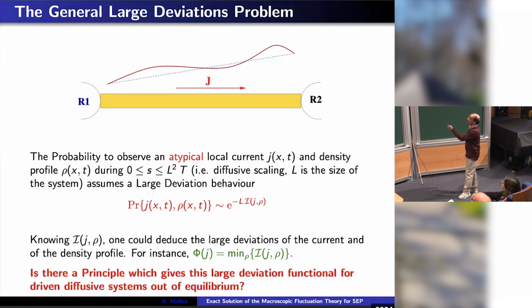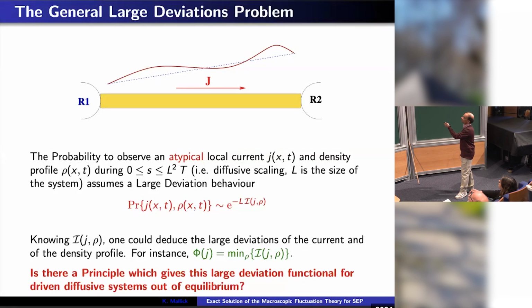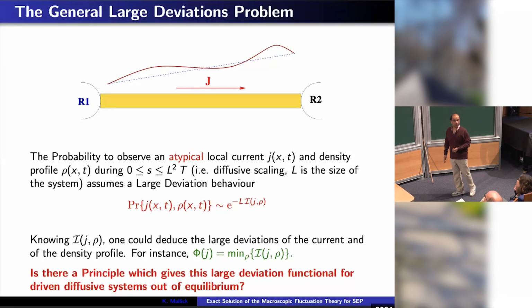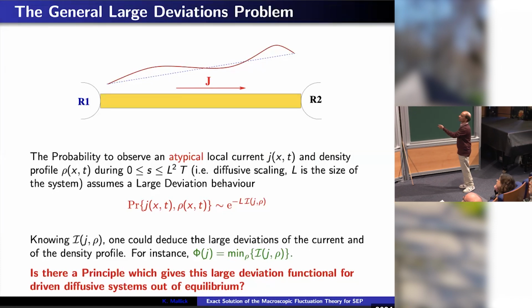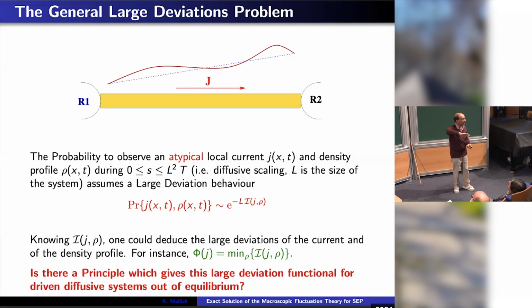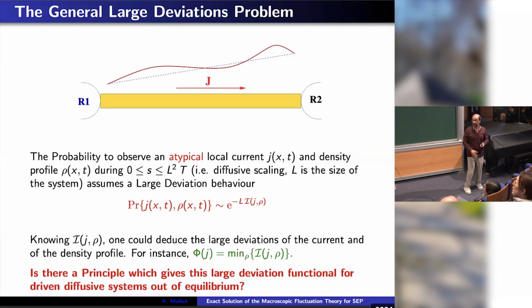I do have a mean density profile or temperature profile between them. This is, let's say, low temperature, so the current should go in the other direction, sorry for that, and high temperature. But I can have fluctuations. I can have my local current fluctuating from place to place and time to time. And I can also have a profile which could fluctuate around the linear, typical, average profile.